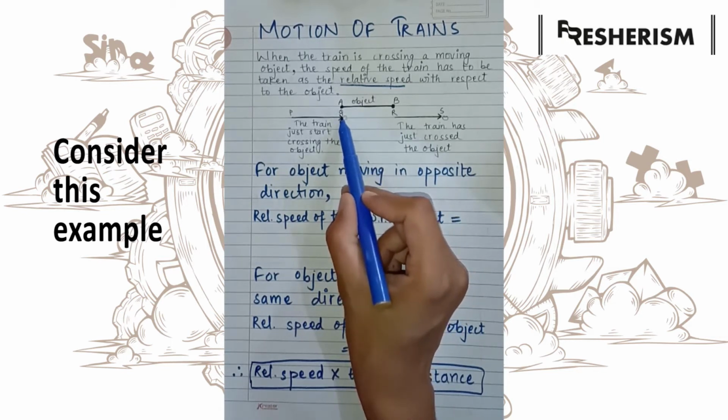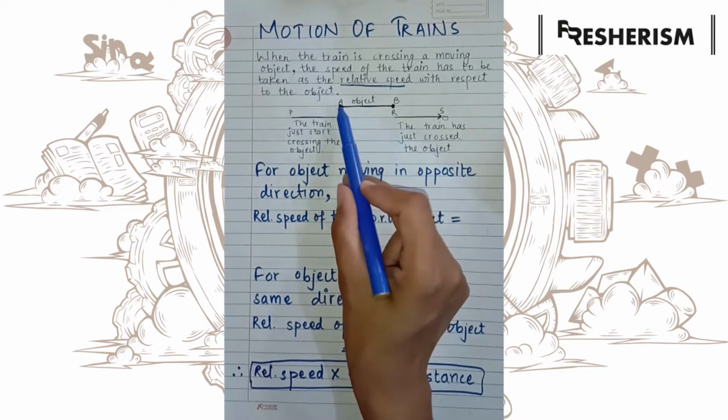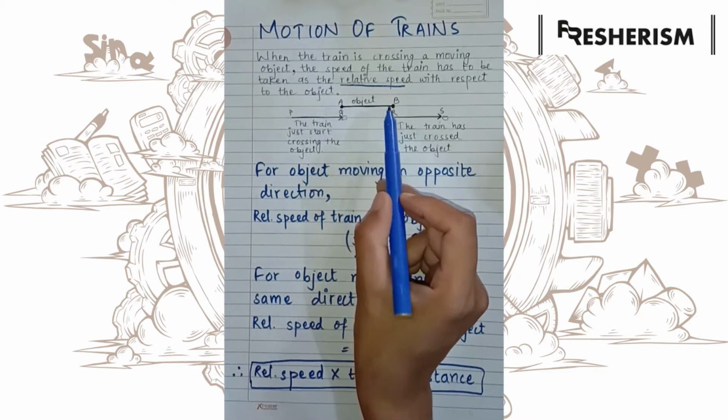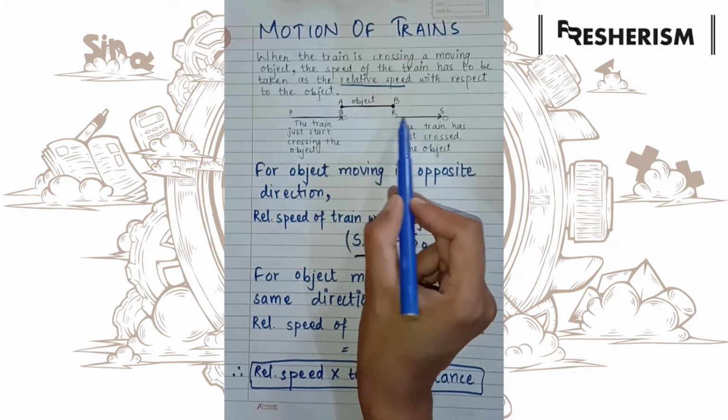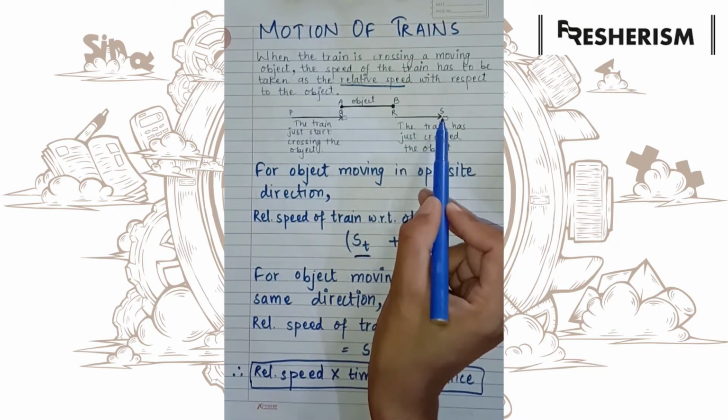And how do we find out the distance Q to S? It will be equal to QR plus RS. And we know that QR is equal to the length of the object AB, which will give us AB plus RS. And RS we know is the length of the train.